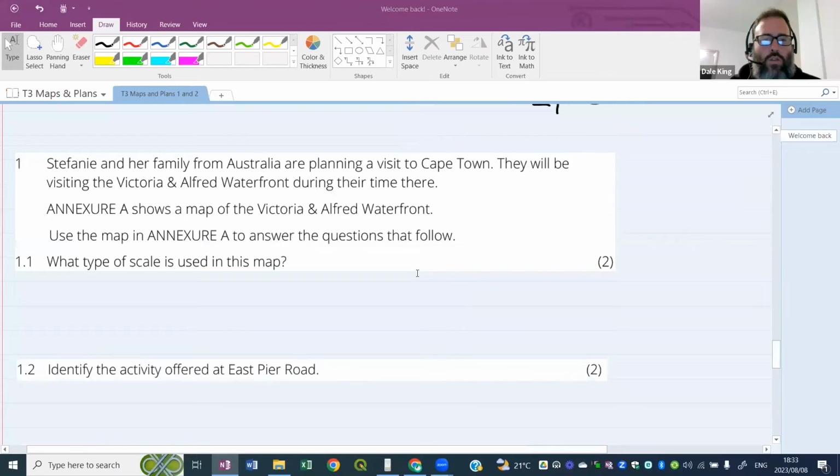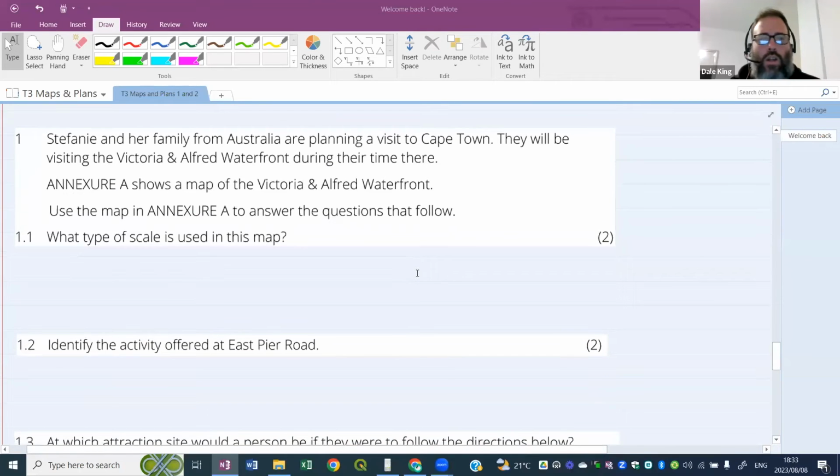All right, we're moving on to this part of the question now. This is based on the same map as well. This is contextual, so there's obviously a story involved here. These are contextual questions based on this map. It says Stephanie and her family from Australia are planning to visit Cape Town. They will be visiting the Victoria and Alfred Waterfront during their time there.